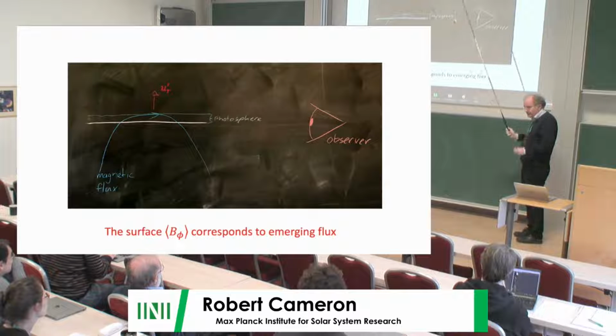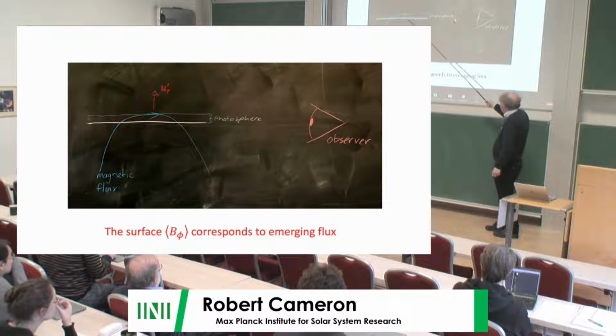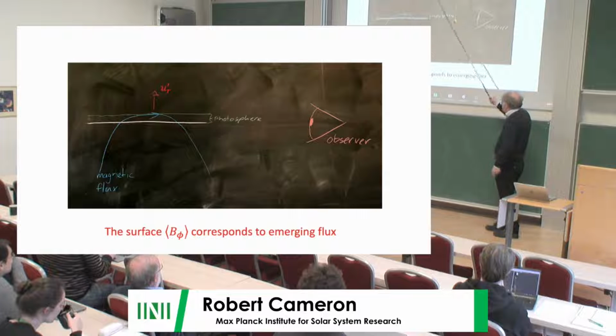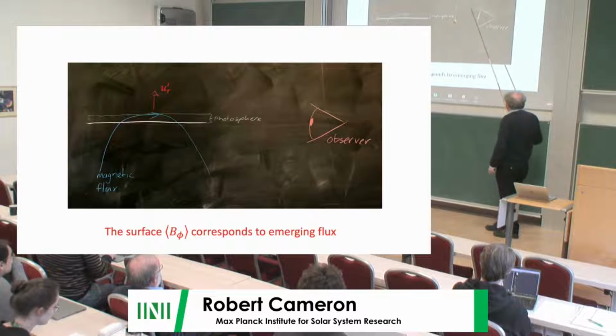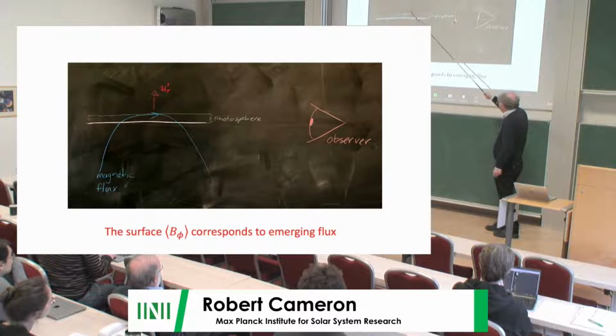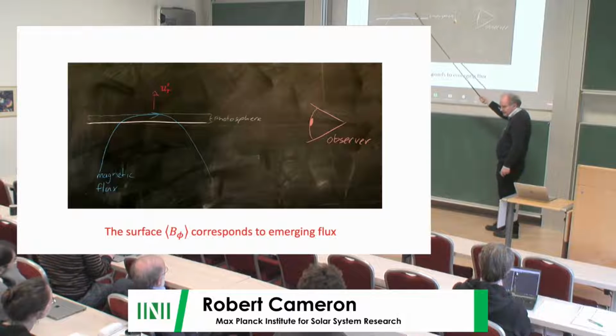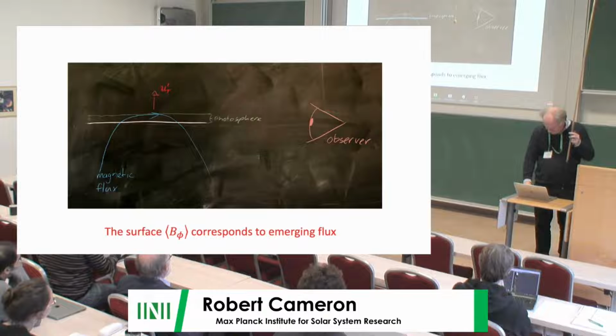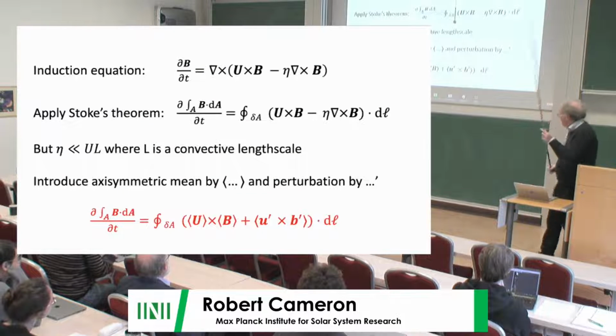If we do it with a potential field, then of course there's no phi component to the field, so this flux emergence is just infinitely fast. However, because the density isn't 0, this loop rises at about 1 kilometer per second, and we can observe it. We do observe it, we've observed it for the last 40 years.